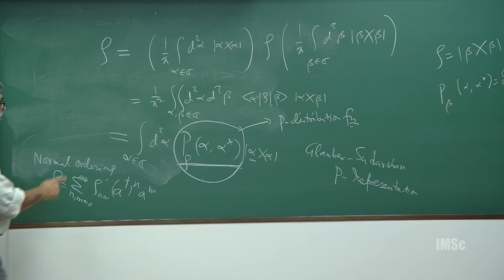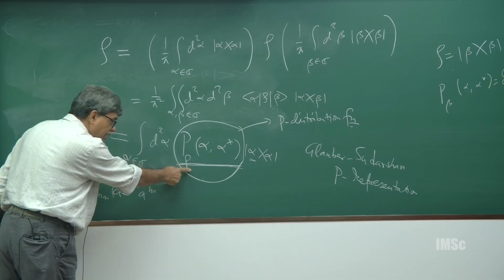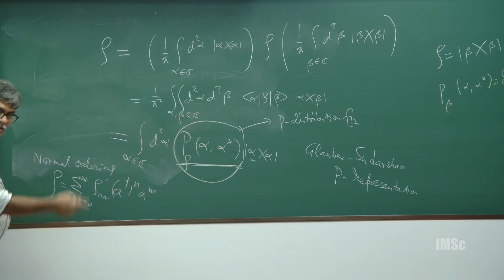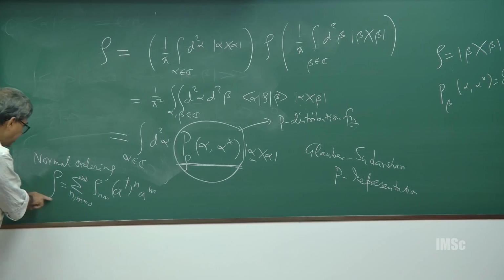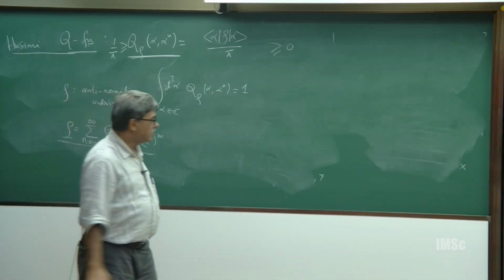So, this P distribution, you can get the form of this P distribution for a given rho starting from its normal ordering. Similarly, you can get this Q distribution function for rho starting from its anti-normal ordering, maybe vice versa. I do not exactly remember.